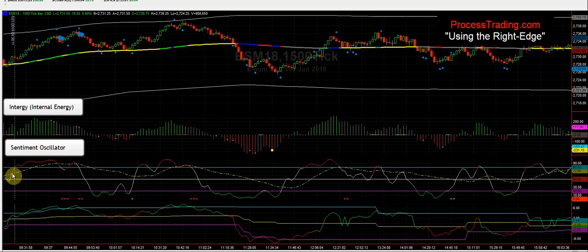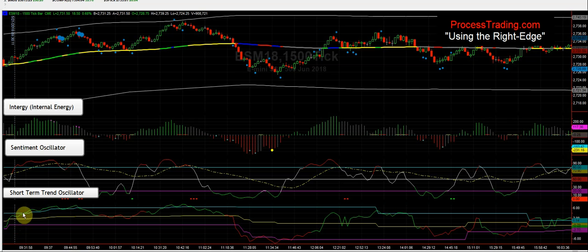And they crossed right over here at the beginning of the day with momentum coming up and sentiment sloping up. So it's not only the position of the cross, but it's the position within the oscillator where the lines occur, and also their slope. That's important. As well, the slope is important down here on the short-term trend oscillator.